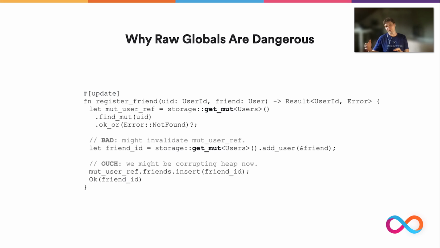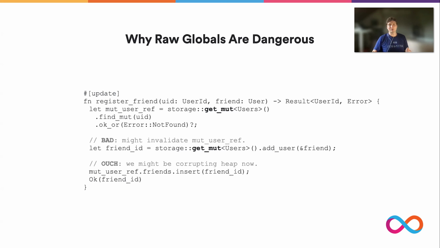And when you added a new user to your user database, the vector might need to grow. So the system will allocate new memory, move all the users to this new memory, and drop the old memory. And the reference that you obtained first will not be valid. It will be pointing to garbage.